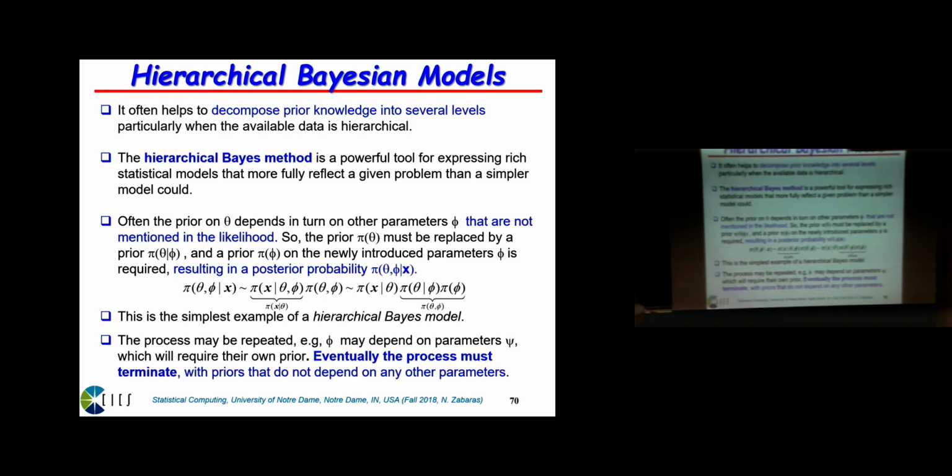So what often you do in a Bayesian setting, if you're not sure about theta, you introduce a prior distribution for theta that depends on some other parameters. Let's call those parameters phi. And then for those parameters phi, you put another prior, and that other prior has its own dependence on other parameters, and you keep going like that.